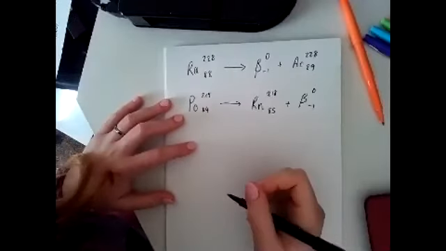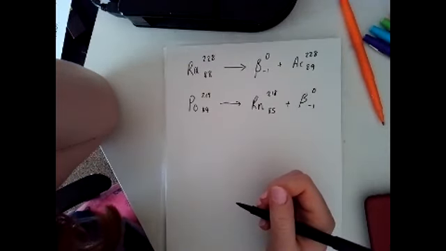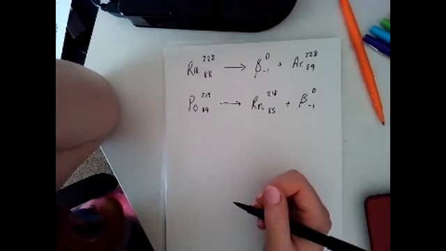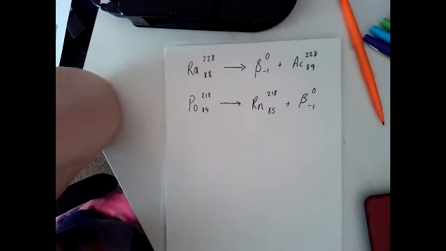Now I've written that a slightly different way around. That's just because I'm reading an example, and it's just so you can see you can write it whichever way around you feel comfortable with. It's entirely up to you. Either way will be accepted by the exam board, so don't stress about which way around you've got to do it. Either of them is absolutely fine.